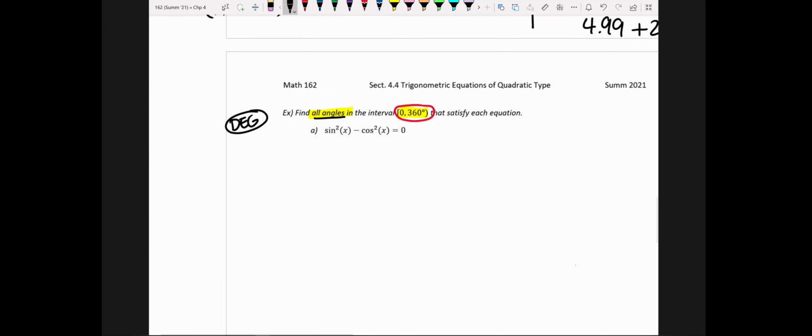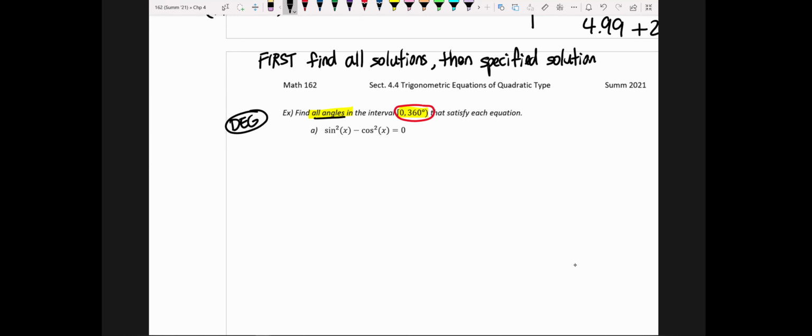Then let's put a reminder here that we want to first find all solutions, then specified solutions. Okay.